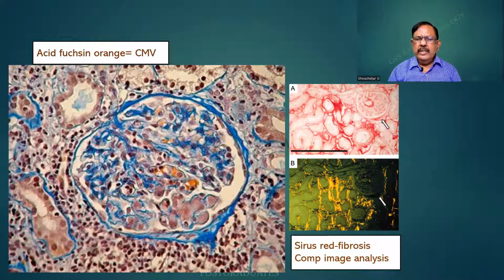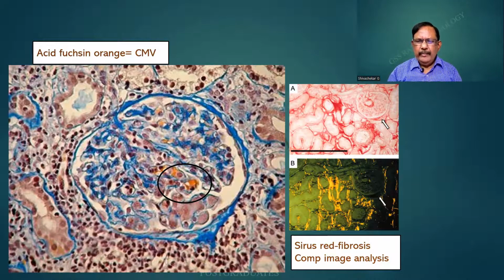But look at the play of colors in this. I hope you are able to identify the stain. If not, find out. What I'm interested in is that there are some inclusions found in some cells, which happen to be cytomegalovirus identified by acid fuchsin orange.